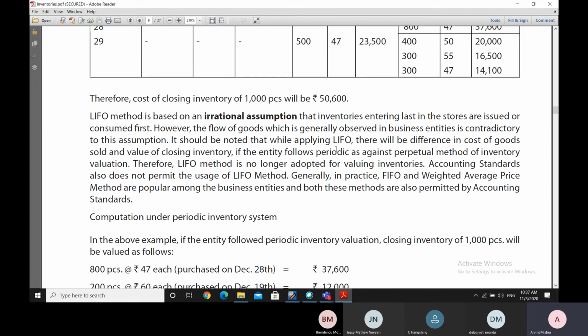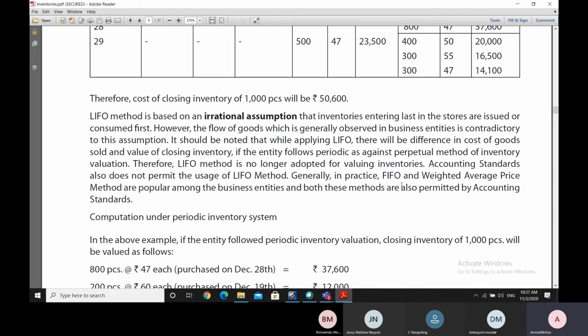Therefore, the LIFO method is no longer adopted for valuing inventories because it is based on an irrational assumption and it leads to changes in the value if we follow the perpetual system or the periodic system of inventory valuation.